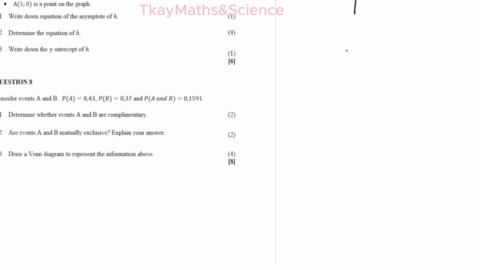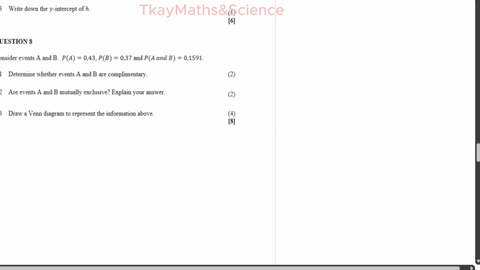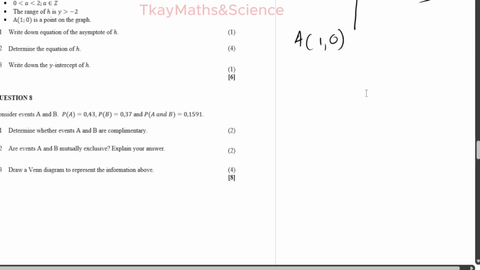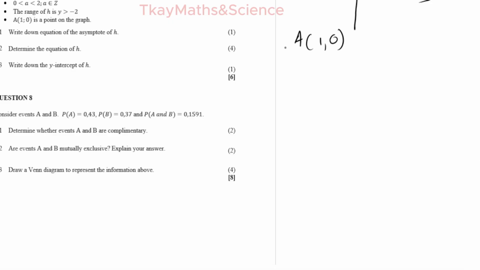If we use the point we've been given on h, which is 1 and 0, we're going to input it into the h of x equation, which is h of x is equal to a dot b to the x, where x is equal to 1, plus that is our q.